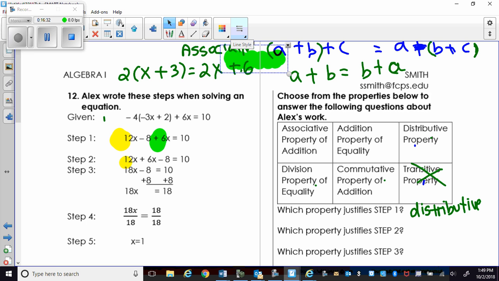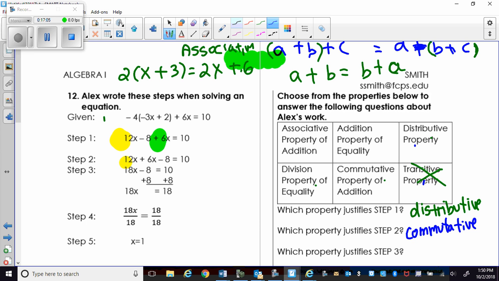What kind of property is that where you just flip things around? Commutative. Think about, you go back and forth. It's commutative. They switched it around. Look, over here, I know it's side by side, but if you put them on top of each other, you can see they switch around. So this property is commutative.